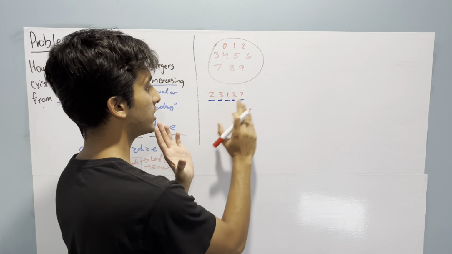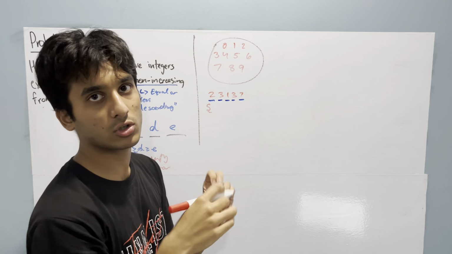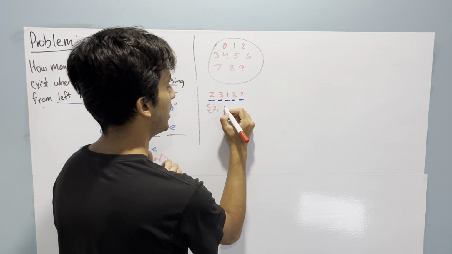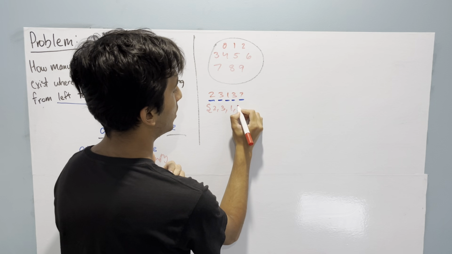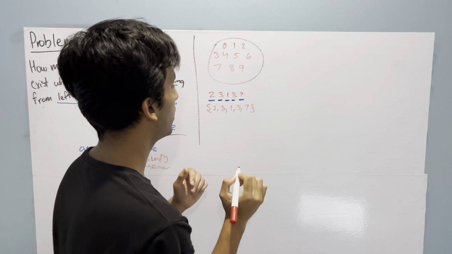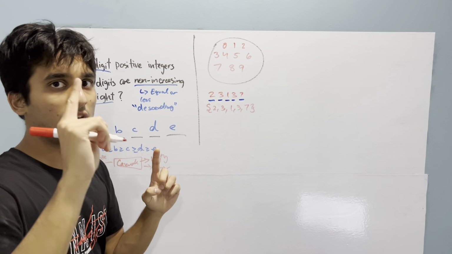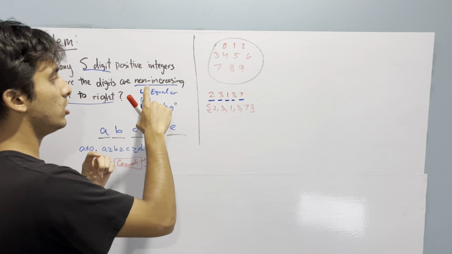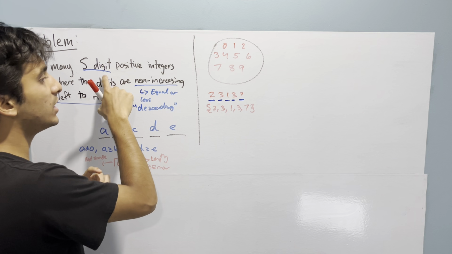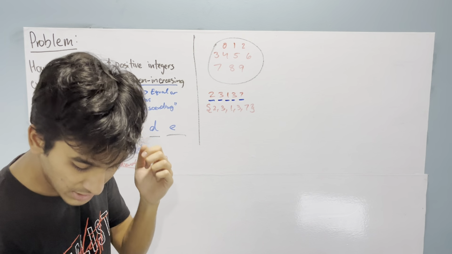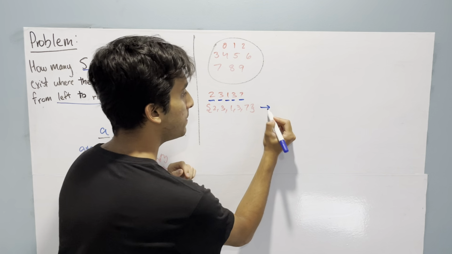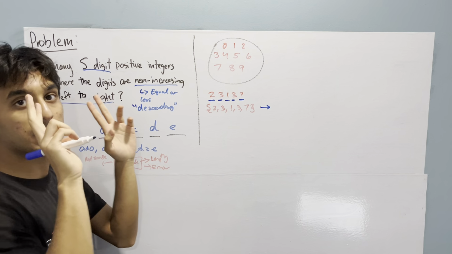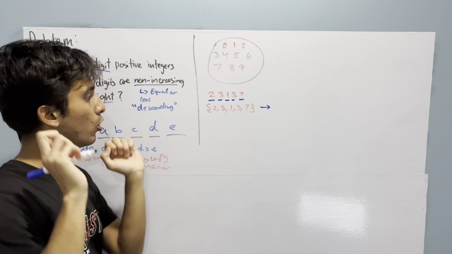Instead of considering them as this number, if I consider them as a set, the digits can be shuffled around as 2, 3, 1, 3, 7. There's always, and this is the key insight, there's always and only one non-increasing 5-digit number. And the reason for this is because it has to be in our so-called descending order.